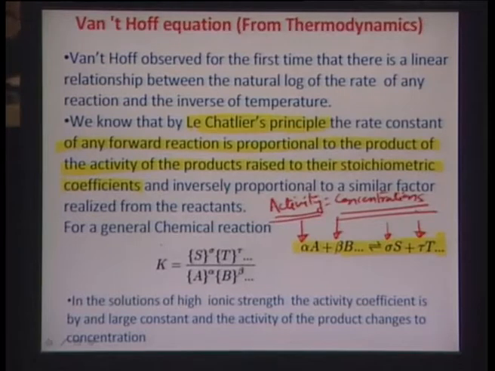So, essentially by the Le Chatelier's principle, the rate constant of any forward reaction is proportional to the product of the activity of the products. That means S and T here are the products of the reaction, right, and it is a multiplication of the activity of S and T, that means the products of the reaction raised to the power of their stoichiometric coefficients sigma and tau and the others, and divided by the activity of the reactants of this particular reaction raised to the power of their stoichiometric coefficients, which are alpha and beta, okay.